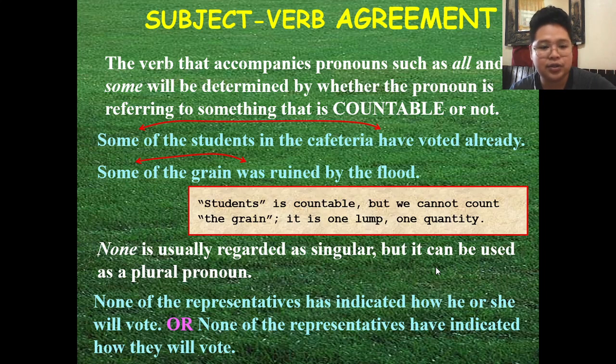So you could say none of the representatives has, or none of the representatives have indicated. It's usually regarded as singular, but it can also be used as a plural pronoun. Okay, next.